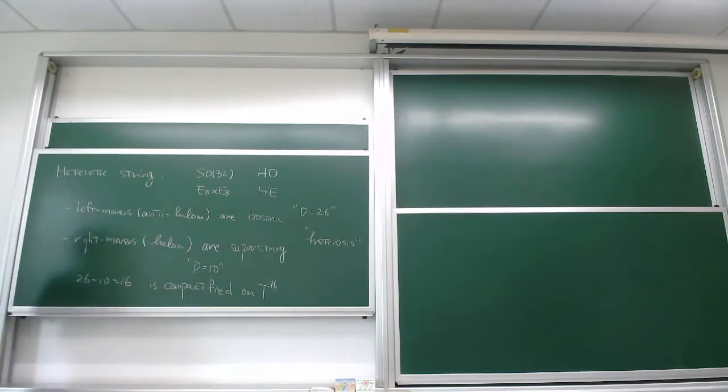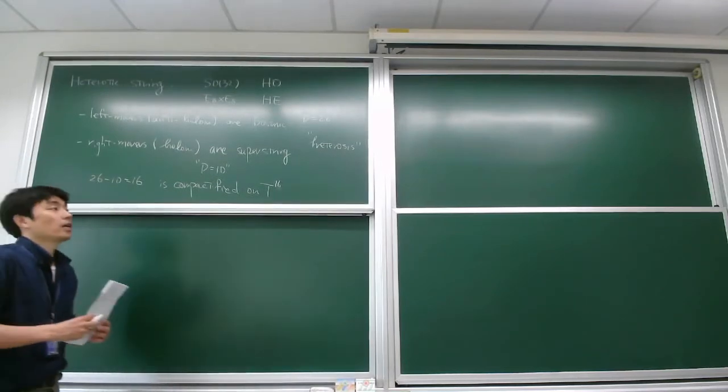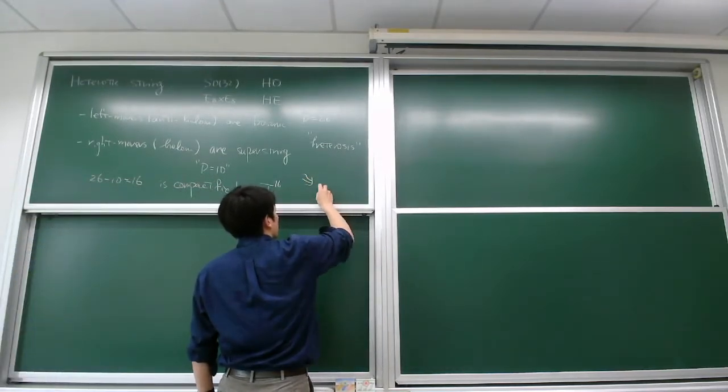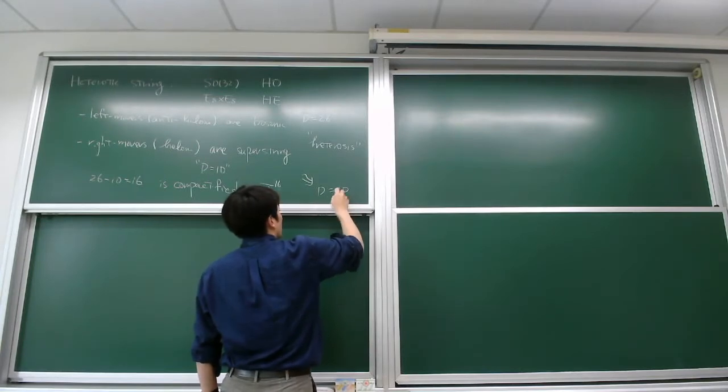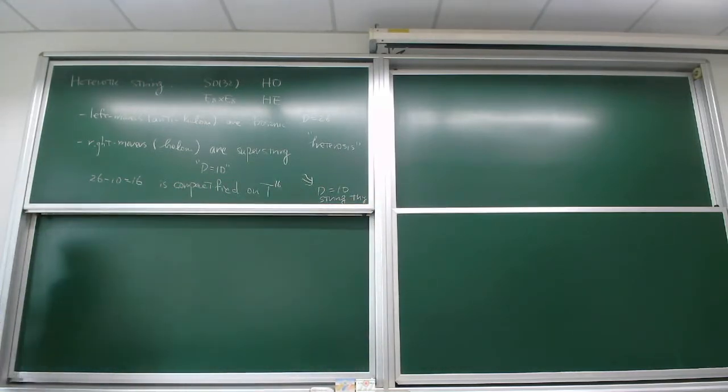And we think this size of the torus is very small. At the end of the day, effectively this will give you a D equal to 10 string theory. That's a rough idea of the heterotic string.